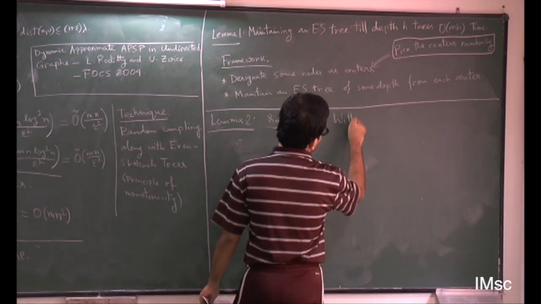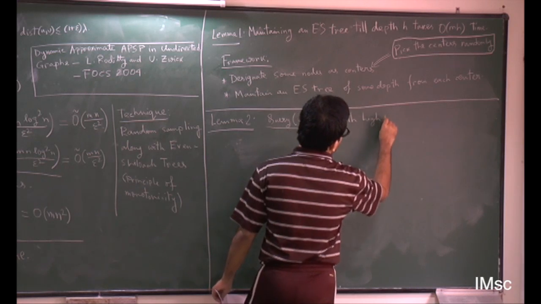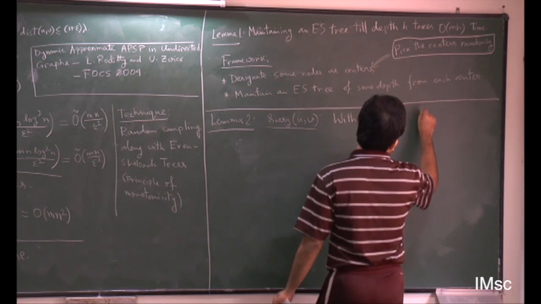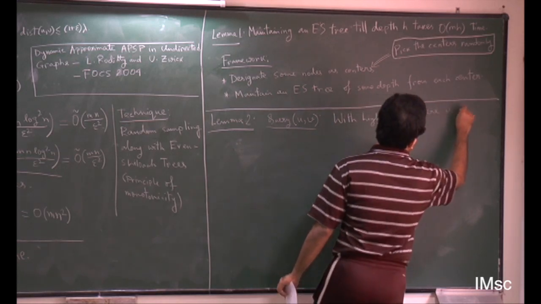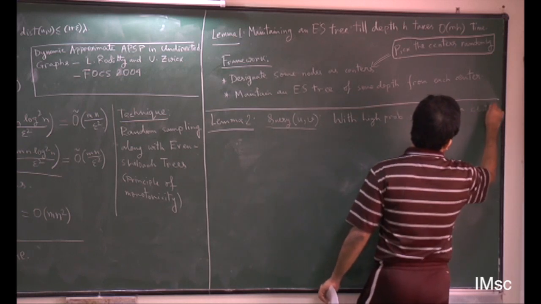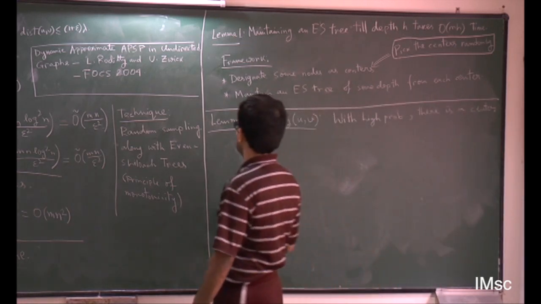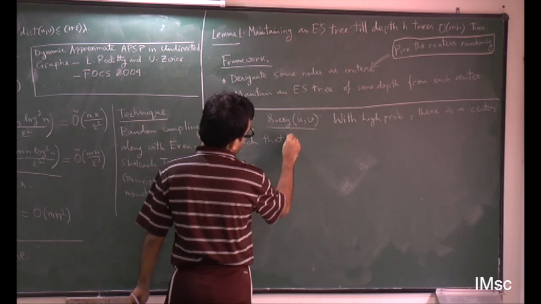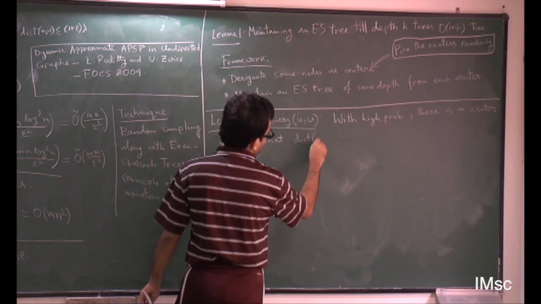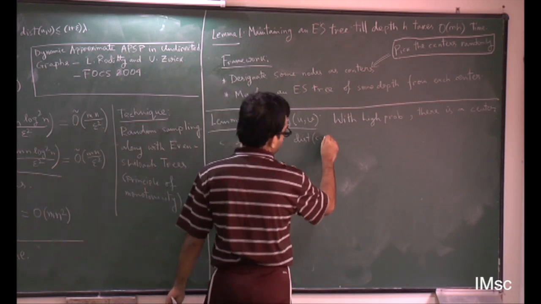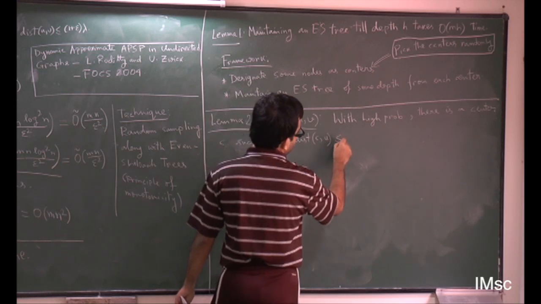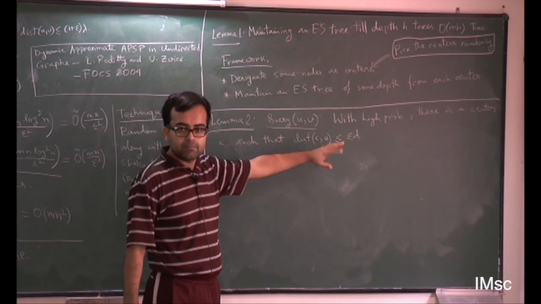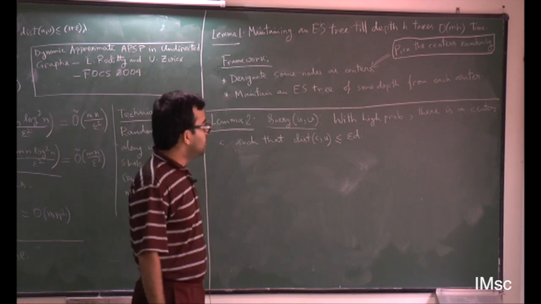The first claim is with high probability there is a center C such that the distance of this center from u is at most epsilon d. Now, since this is symmetric, you can just replace u by v, then also this will hold. Okay. But why is this the case?